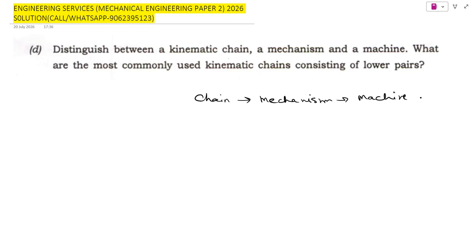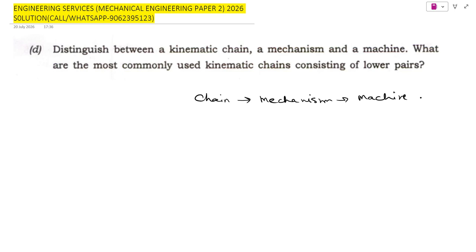So a mechanism is motion transformation, for example rotary motion to reciprocating motion, or rotary motion to oscillatory motion. Now comes the final stage: if the mechanism is capable of transmitting forces and performing useful work, it becomes a machine.